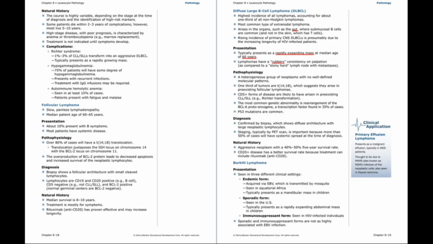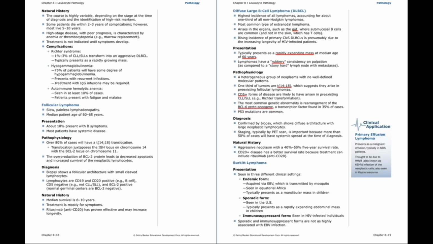About 1/3 of the tumors have the t(14;18) translocation, which suggests that they arise in pre-existing follicular lymphoma. Some have CD5 positivity, which suggests they arose in pre-existing CLL-SLL, the so-called Richter transformation. The most common genetic abnormality is a rearrangement of the BCL6 proto-oncogene, and that transcription factor is found in about 1/3 of cases.